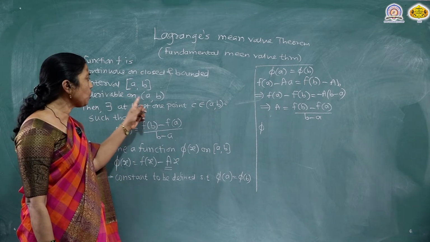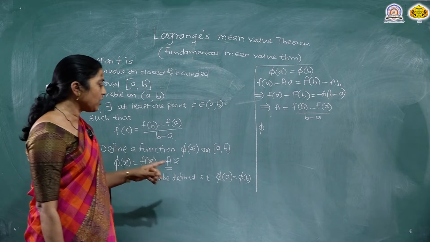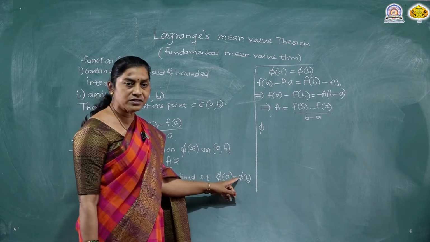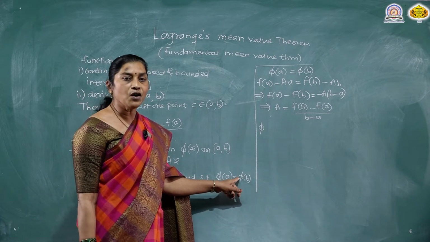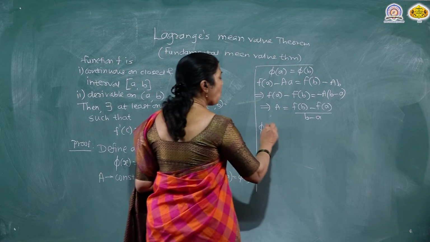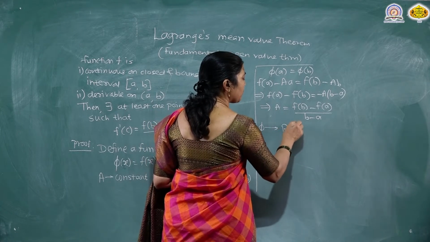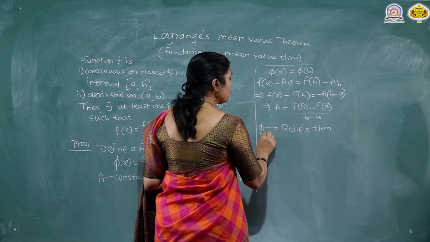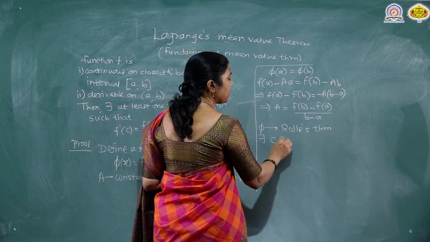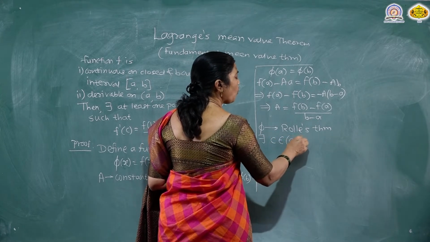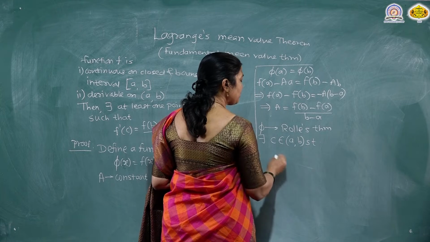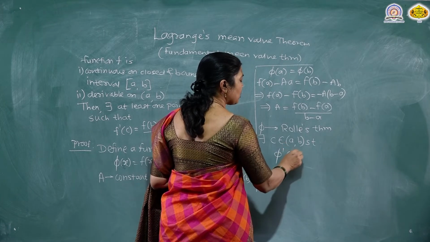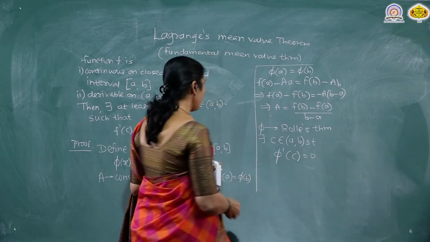It is derivable on open interval (a, b), and also we have defined phi(a) is equal to phi(b), which means that phi satisfies all conditions of Rolle's theorem. And therefore, by Rolle's theorem, there exists at least one point c in open interval (a, b) such that phi'(c) is equal to 0.